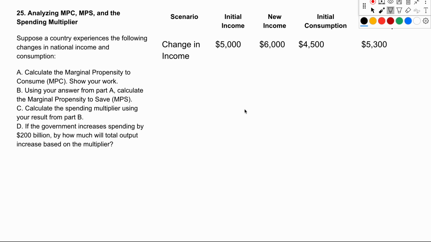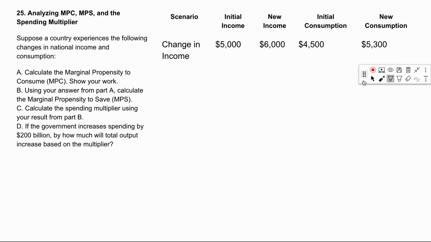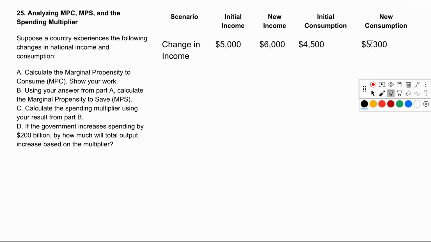So let's do a bit of a longer question. Suppose a country experiences the following changes in national income and consumption. The initial income is 5,000, new income 6,000, initial consumption is 4,500, new consumption is 5,300. Let's calculate the MPC and MPS first. So remember, it's change in consumption over change in income.